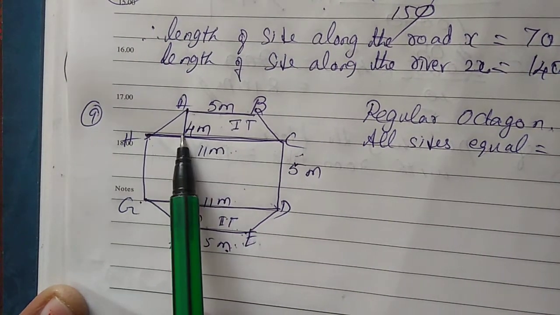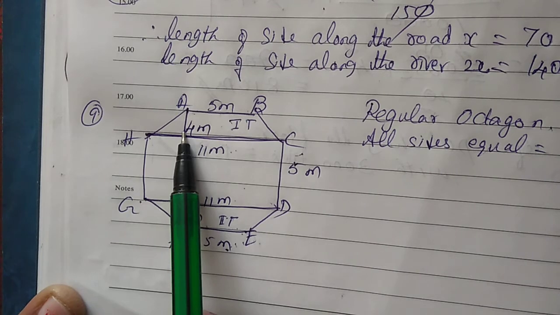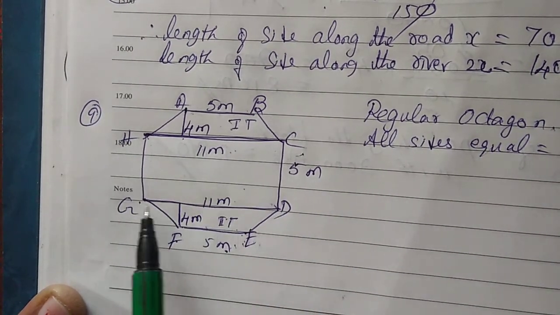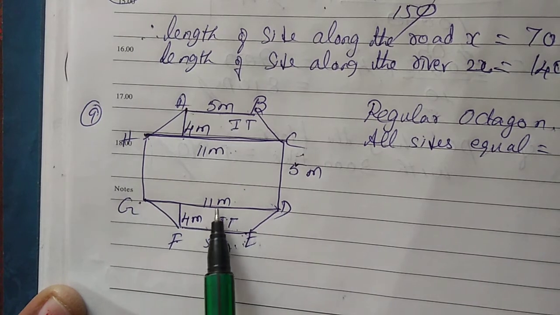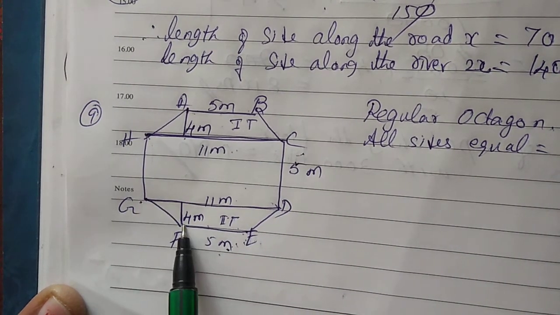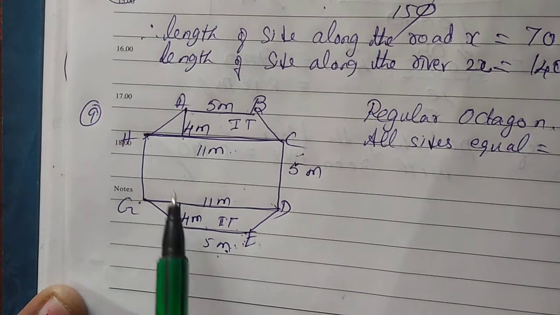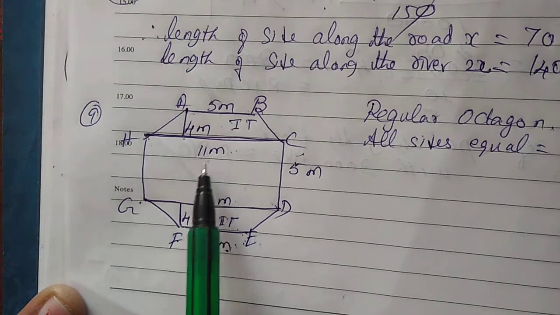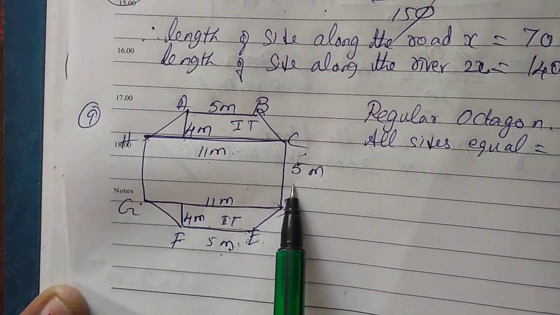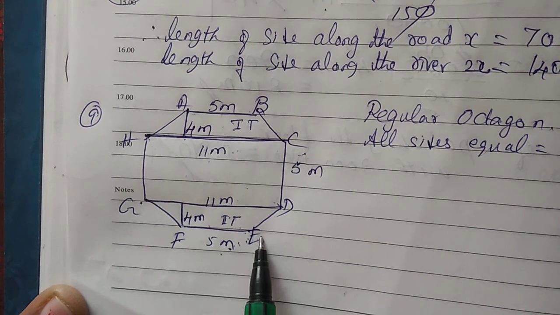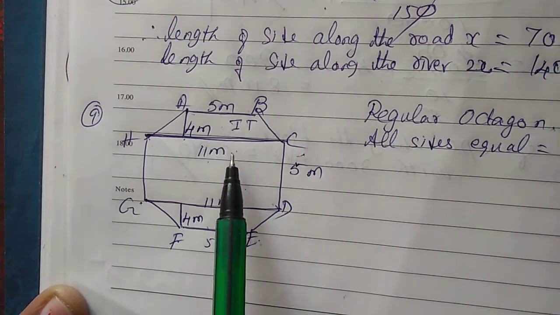Similarly, at the base FEDG is a trapezium with the 2 parallel sides 11 meter and 5 meter with the perpendicular distance 4 meter. And in between we have a rectangle of length 11 meter and breadth 5 meter. So to find the area of the regular octagon, we should add up the area of trapezium 1, the area of the rectangle, and the area of the second trapezium.